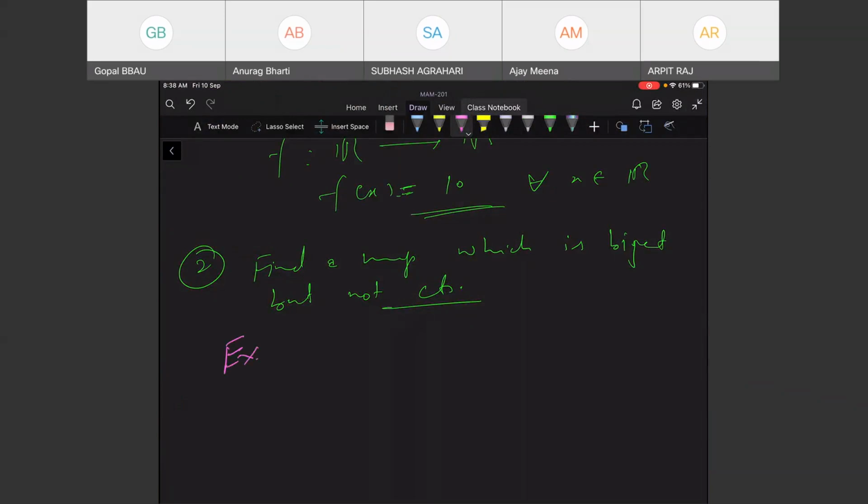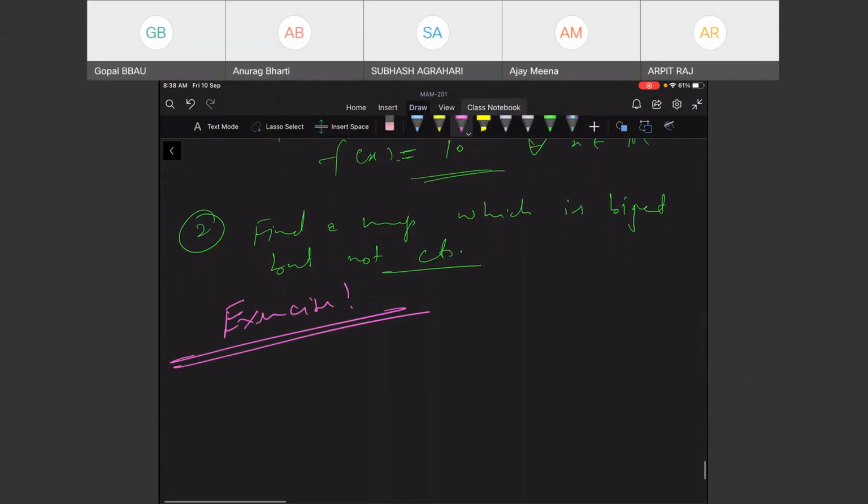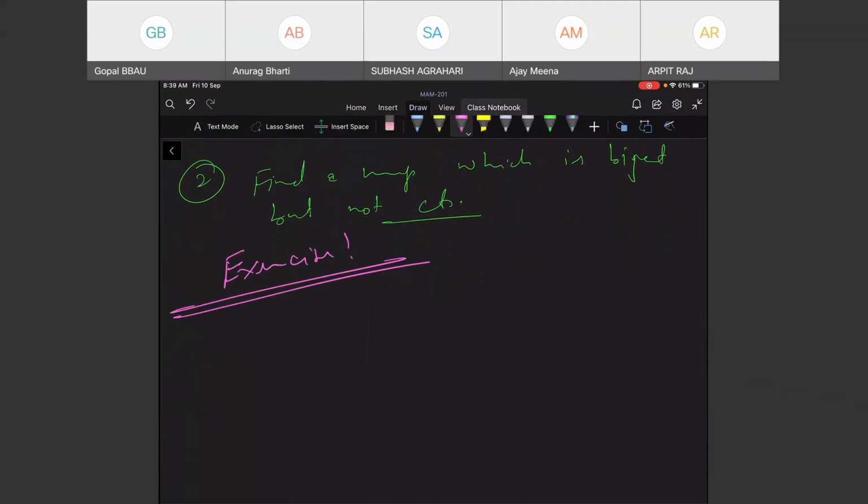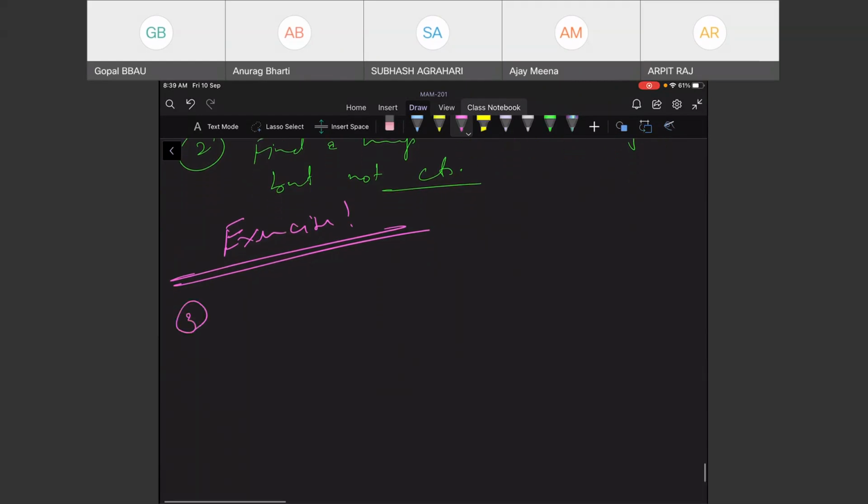So this is an exercise for you. I will definitely ask this question in the test. Okay, so look at what this will be. Now third: can you give me a continuous bijection?